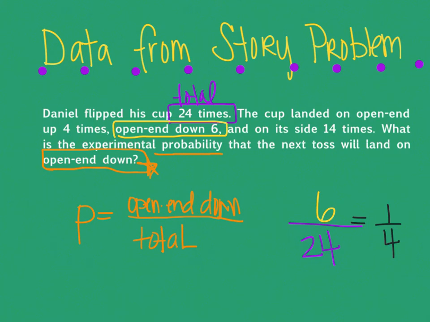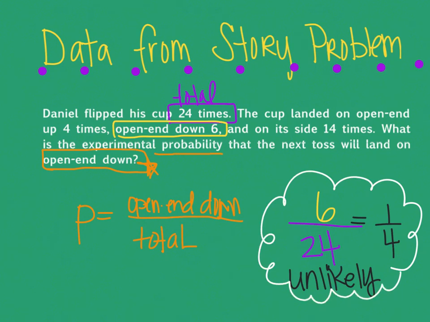And then that is definitely less than half. So this would be unlikely if I had to use a word to describe it. So my 2 fraction answers and my descriptive word: I have 6 out of 24, or I have 1 out of 4, and then the word to describe that is unlikely.